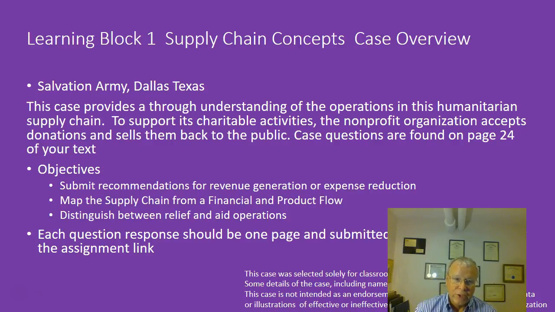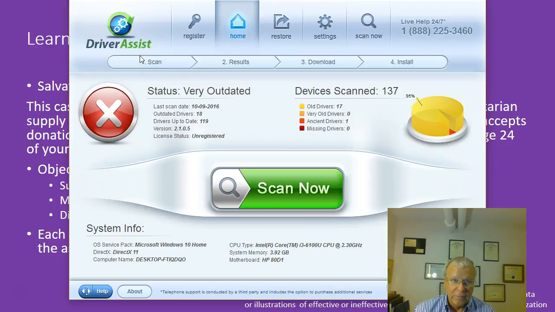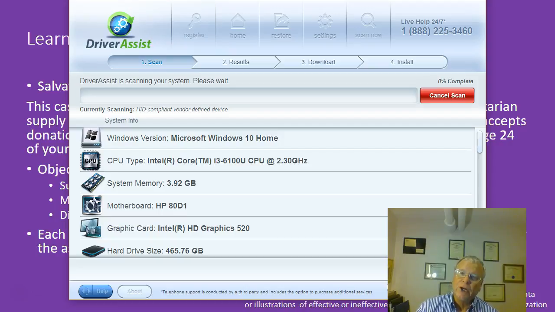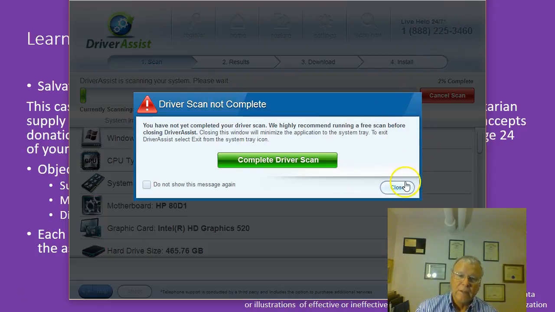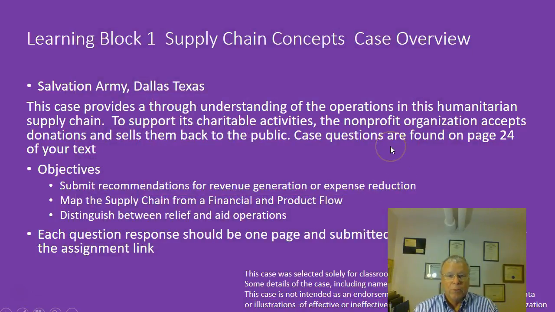We all know the Salvation Army. They use their charitable activities to support their mission by selling the charitable items back to the public, similar to Goodwill or any of those things.